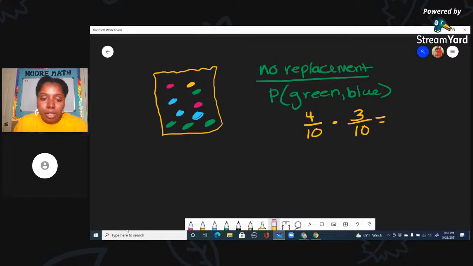Okay, is there anything we can do to cross cancel? Can 3 go into 10? Is there any number that can go into 3 and 10? No. Okay, what about 4 and 10? 2. Good. 4 divided by 2 is? 2.